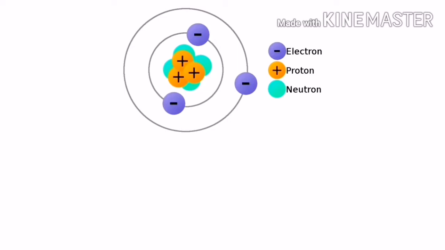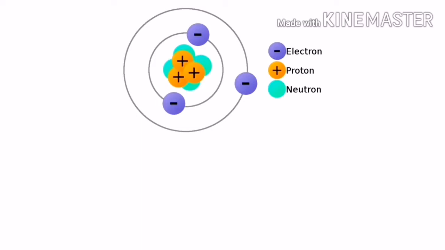Okay. Now students, see the electron, which is denoted by a negative sign, and the proton, denoted by a positive sign. There are 3 electrons and 3 protons. Now see the neutrons. Neutrons don't contain any charge, therefore they don't have any sign.